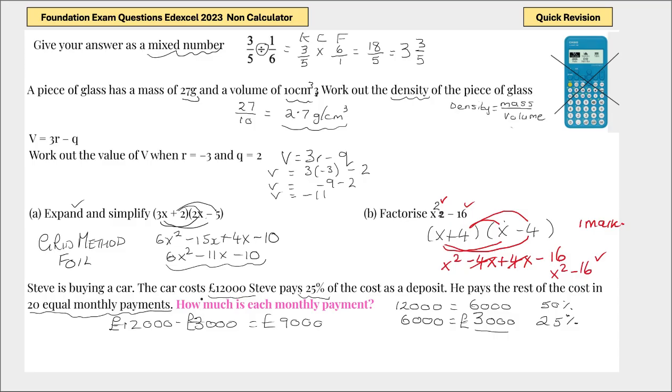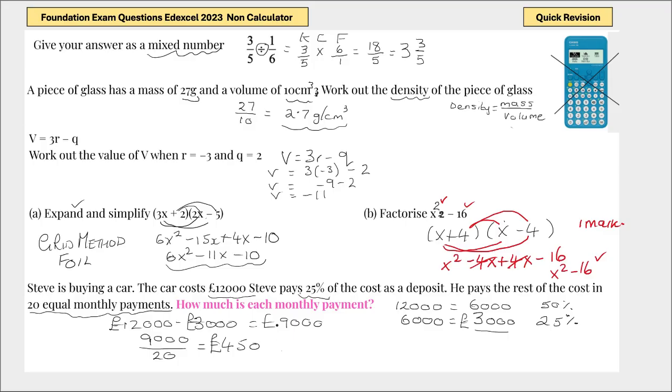So all you're going to do is divide 9,000 by 20. So we can do £9,000 divided by 20 payments equals £450. So the answer is £450.